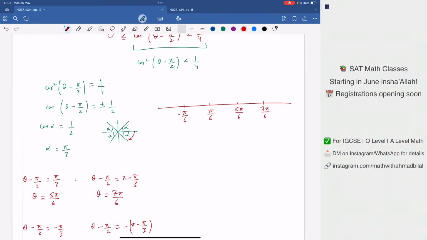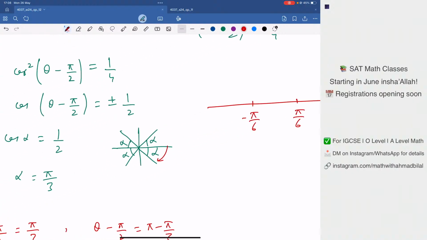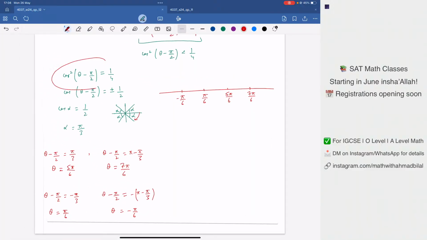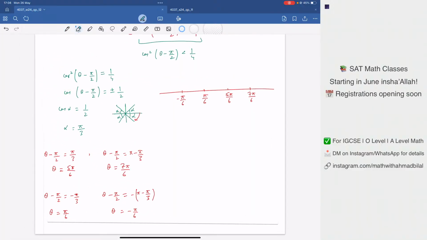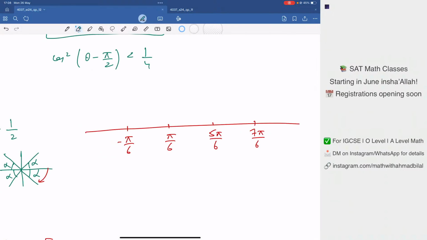Okay, so what we can do is, now we can say these are the critical values, the critical points that we've got by solving this as an equation, right? Now, these points divide your number line into multiple regions like this. You can see which regions satisfy this inequality, and you would write down the solutions based on that then.